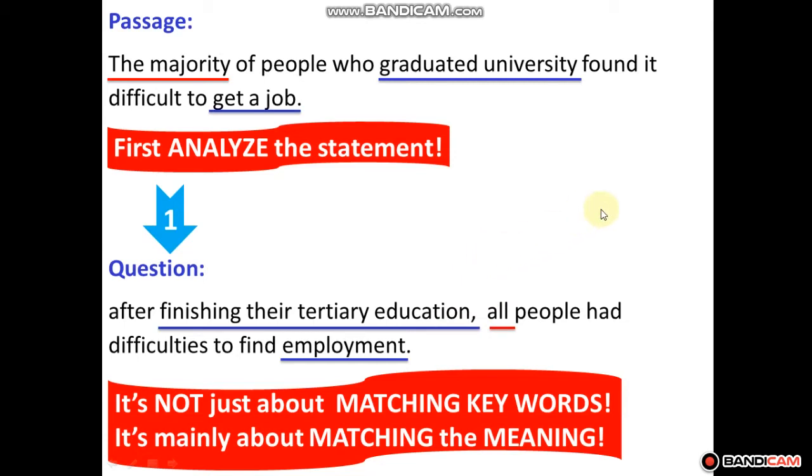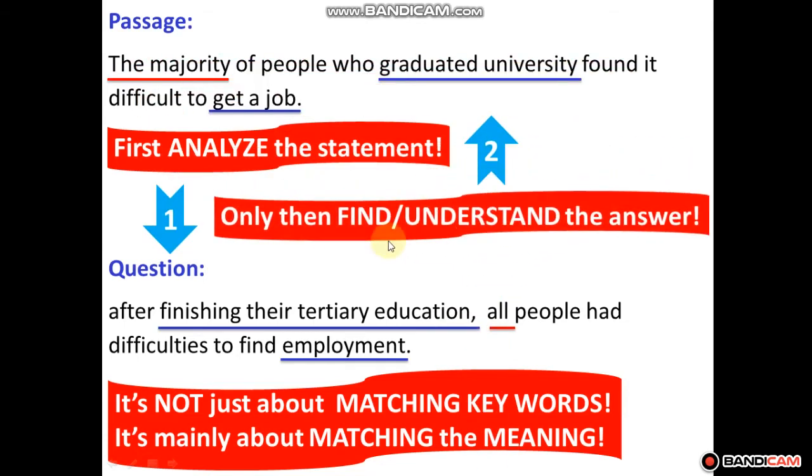Is it not given? Well, step 2, only after you have done this, understood the meaning, find or understand the answer. Having understood the question, move to understanding the answer in the passage. And what it means is, it is false. Why is it false?